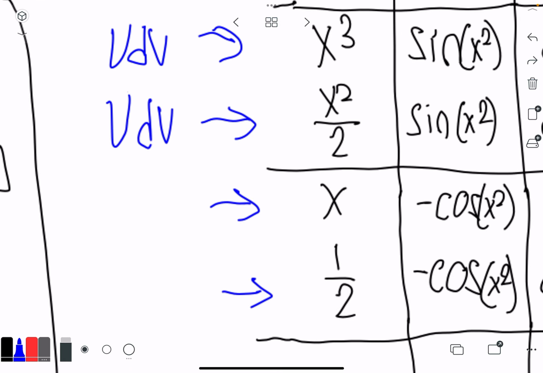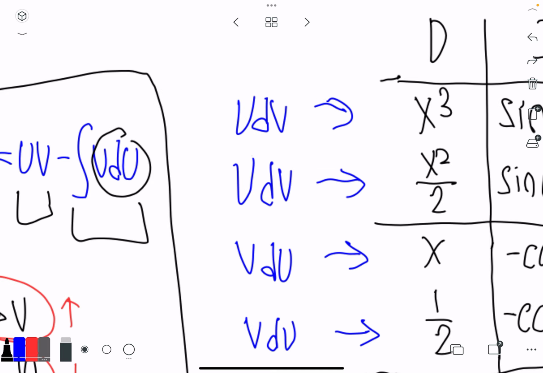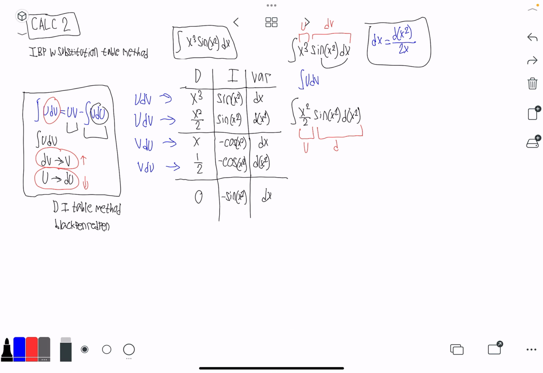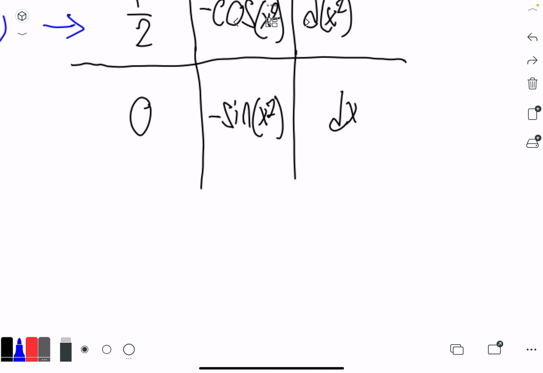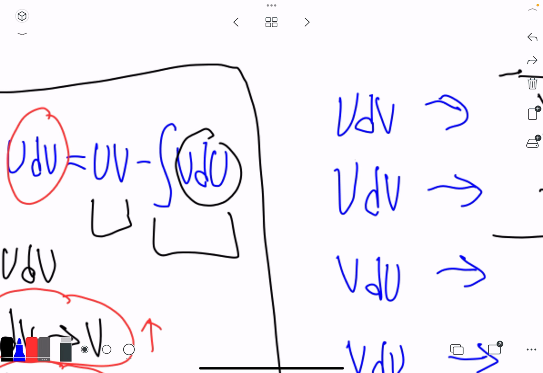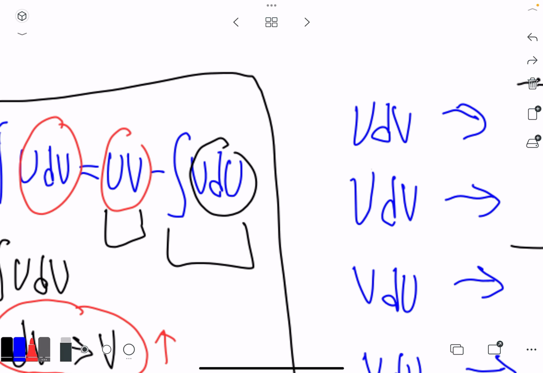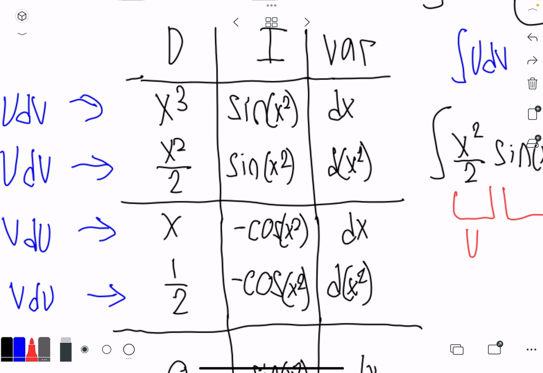And these ones are the v du, which is this one. So we know that this part is for u and this part is for dv. So if you look at the equation here, it says uv. Which one is uv? If this whole thing is u dv.